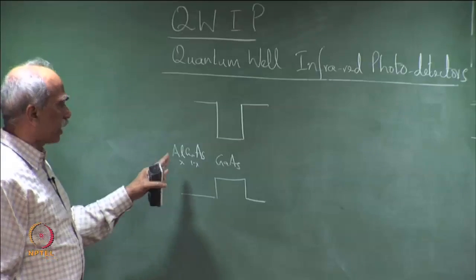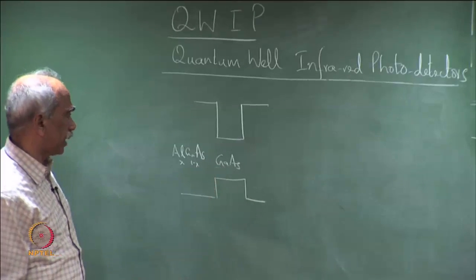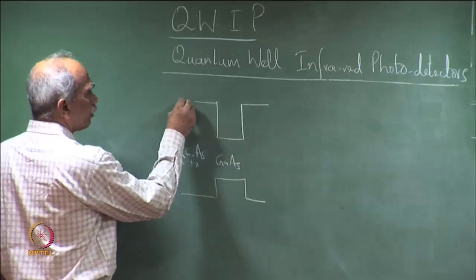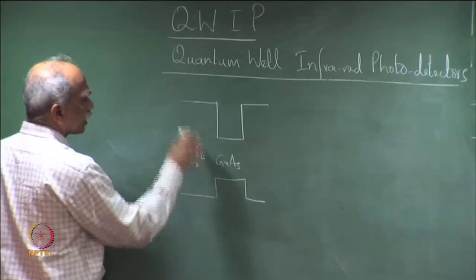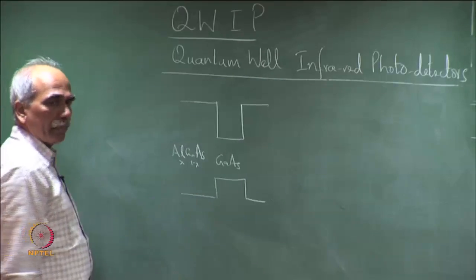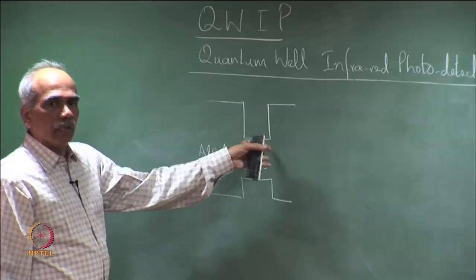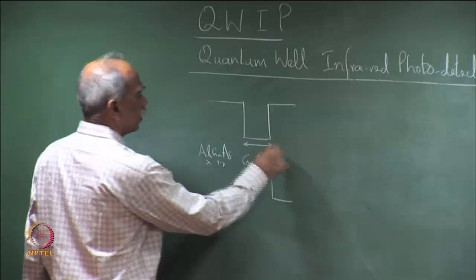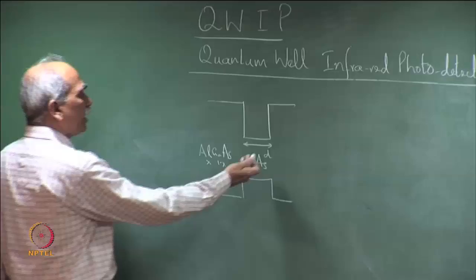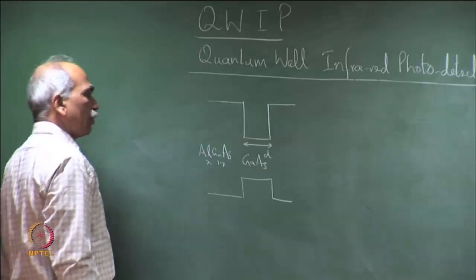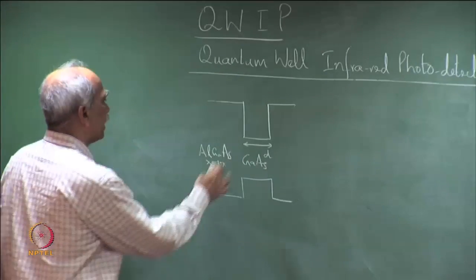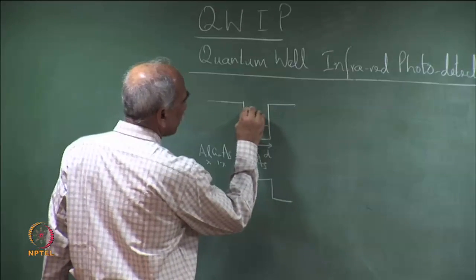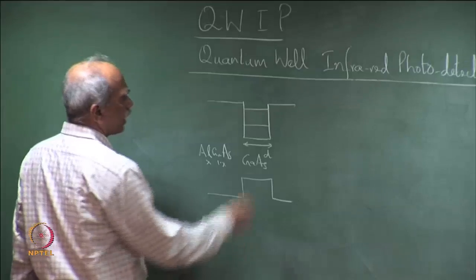Indeed, QWIPs consisting of aluminum gallium arsenide and gallium arsenide quantum wells are widely used. So, if we have a small band gap material sandwiched between two large band gap materials, we can obtain a quantum well depending on the dimension of this layer, d. When d is smaller than or comparable to the de Broglie wavelength, then the energy levels are quantized and we have allowed energy levels here, which correspond to energy subbands.